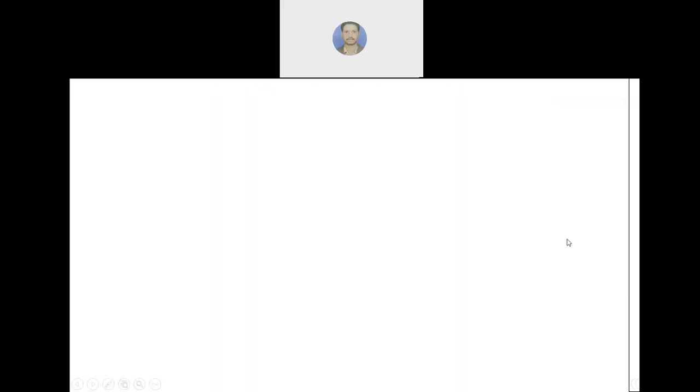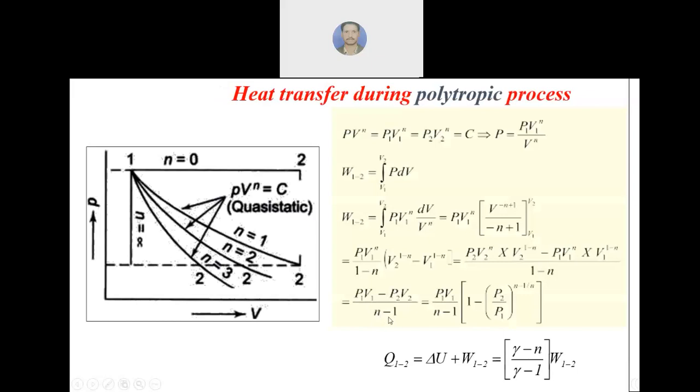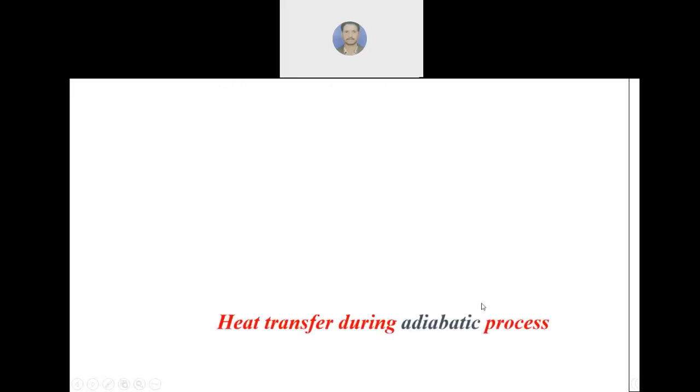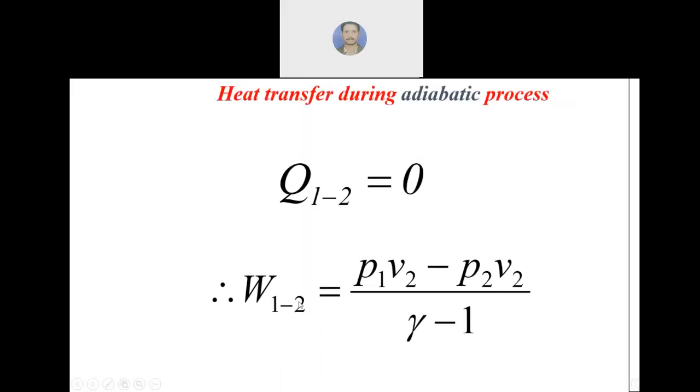Sorry, it is a printing mistake here. Here it was n minus 1; in place of n, you will represent by gamma. And heat transfer is 0. So now you can see how to find work transfer and heat transfer in all the 5 processes.